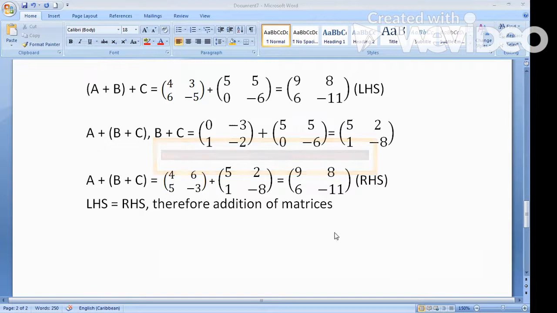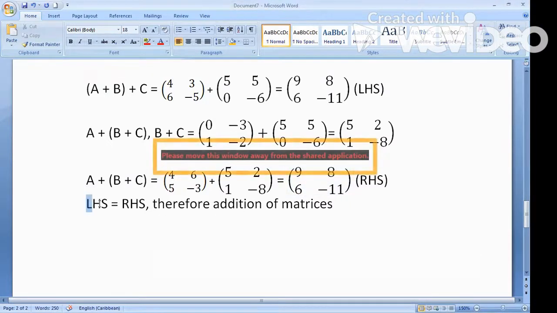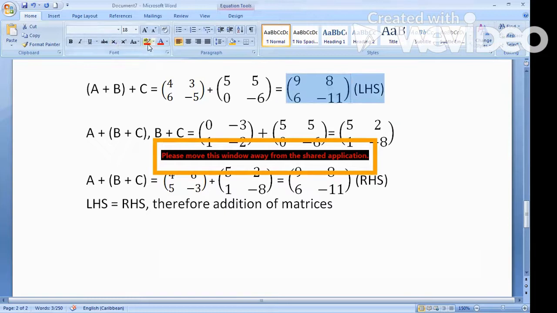All right. Yes, you get the same thing, not true? So the left hand side is equal to what? Remember, this was the left hand side, not true?